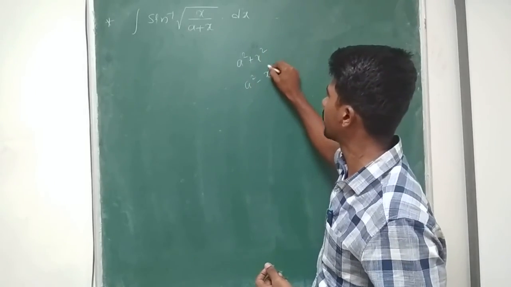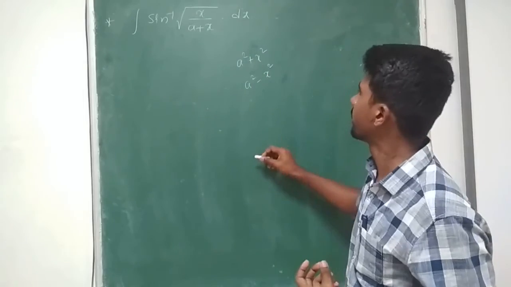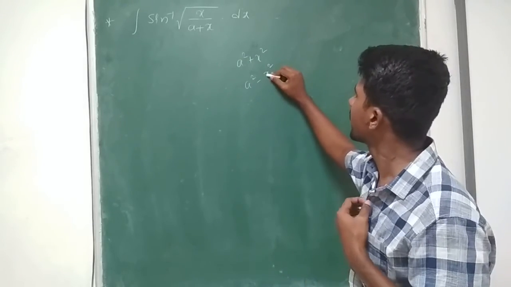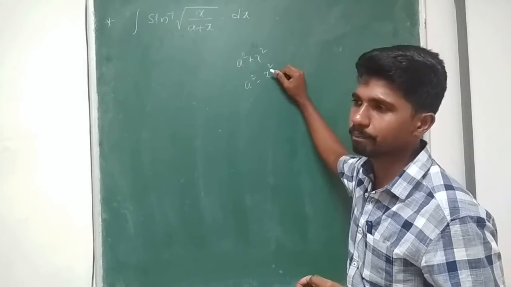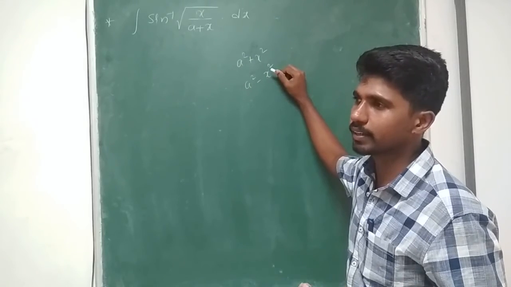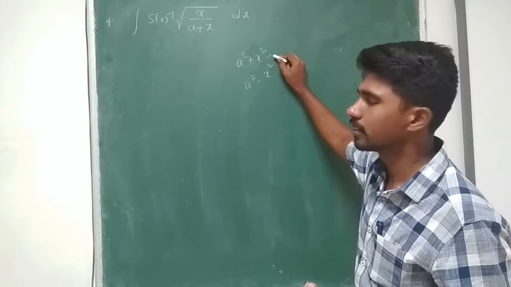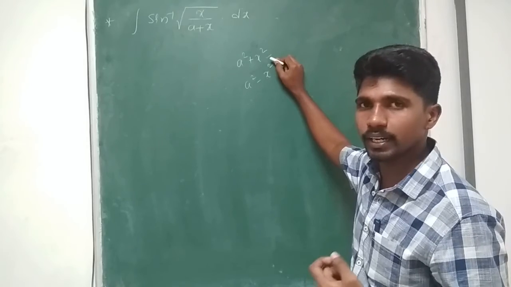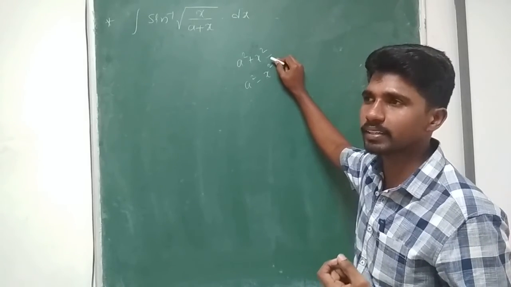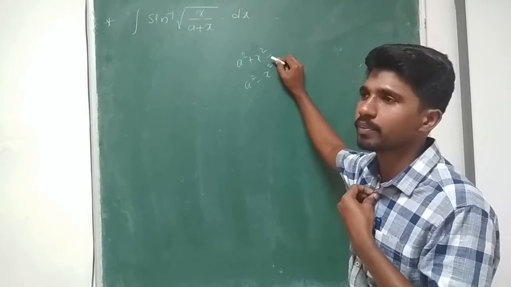minus x square. In those cases, I substitute x as a tan t, because 1 plus tan square t gives secant square t.